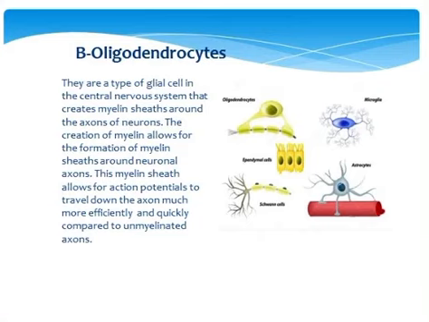This myelin sheath allows the action potential to travel down the axon much more efficiently and quickly compared to unmyelinated axons. A single cell of this type can myelinate many axons by its cytoplasmic processes, and these cells are located in both gray and white matter.